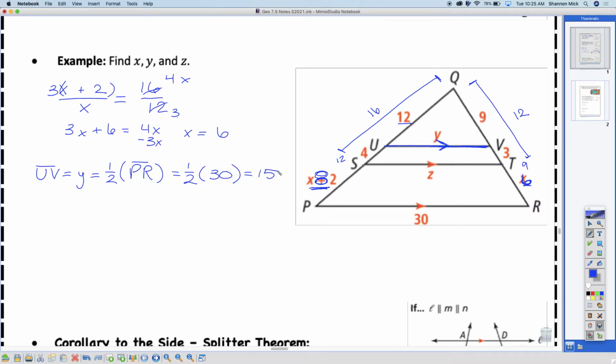Now I only could do that because what? We didn't just say anything about Z. We were only using UV. Because UV was the midsegment, right? Because UV bisected, would it be UV? Oh yes, UV, thank you.